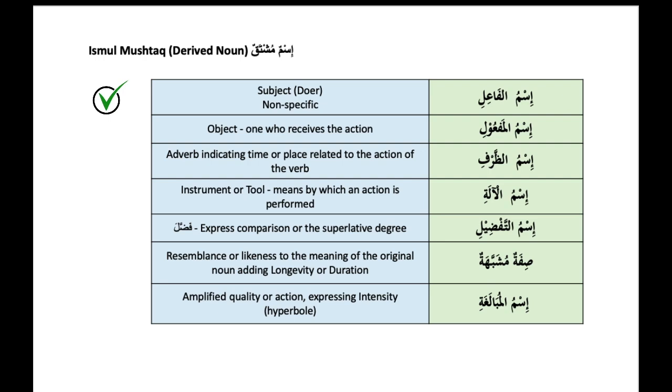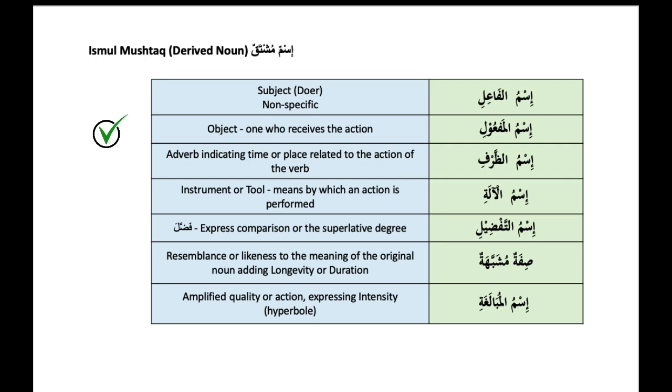There is no indication. It means this is just a simple doer and non-specific. So, in other words, subject or doer in non-specific terms is called Ismul Fa'il. You haven't got more details of how he does the job.